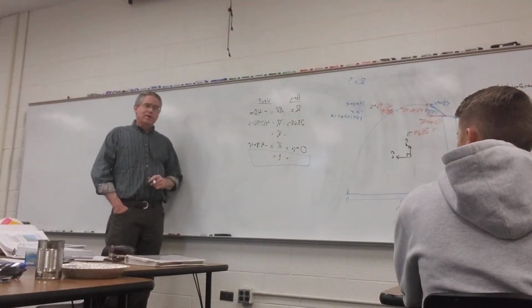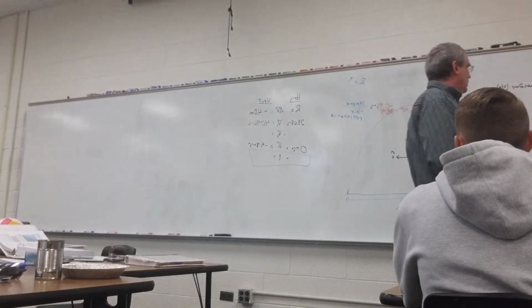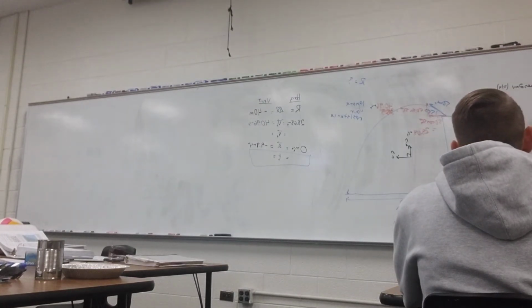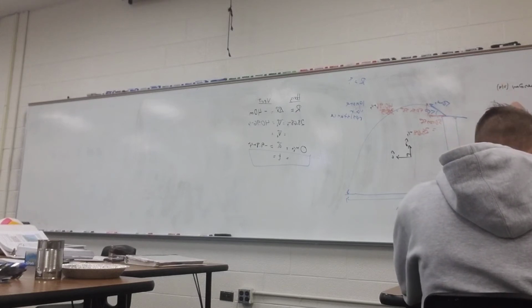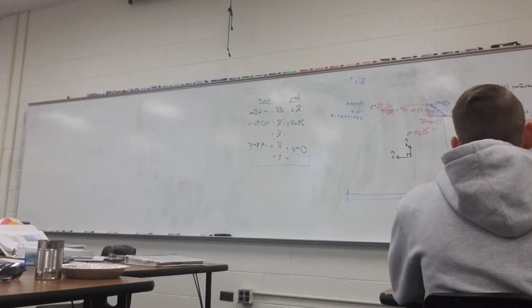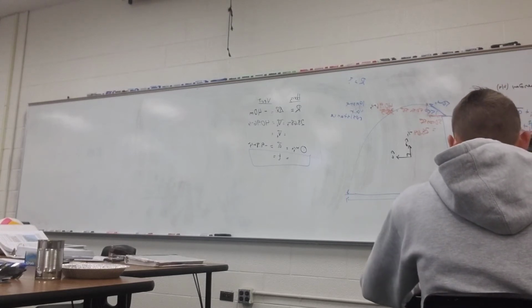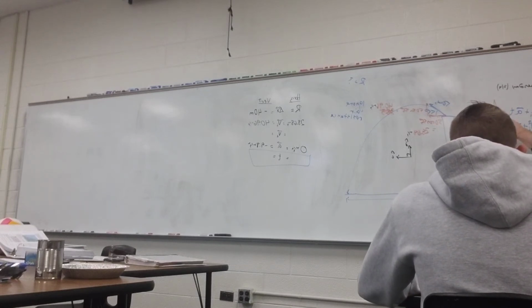So, the kinematic formulas. As a refresher, we have VF equals VI plus AT, in vector symbols. We have VF squared equals VI squared plus 2A dot delta X. And then we have the 2 displacement ones.